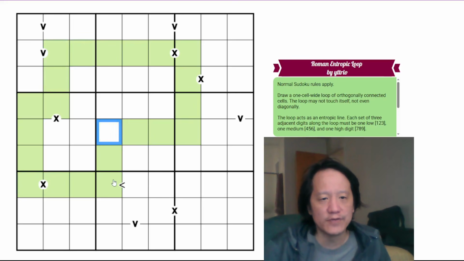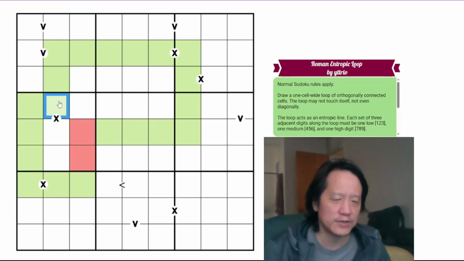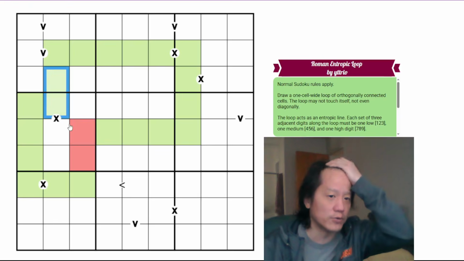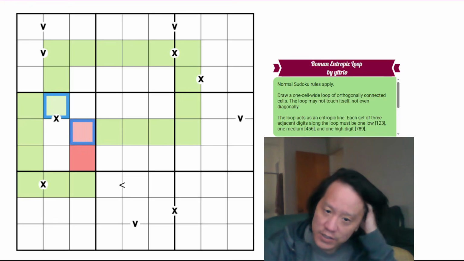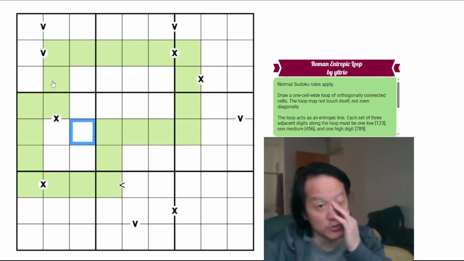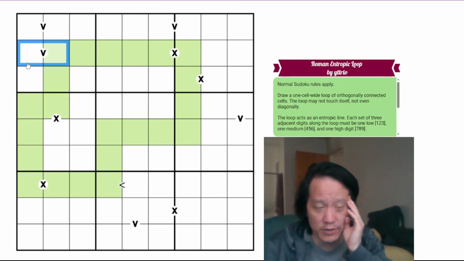What would not be valid is something like this. Because this cell and this cell share a corner, but they don't share a neighbor and they're not neighbors themselves. So that doesn't work. You also couldn't have something weird like this.